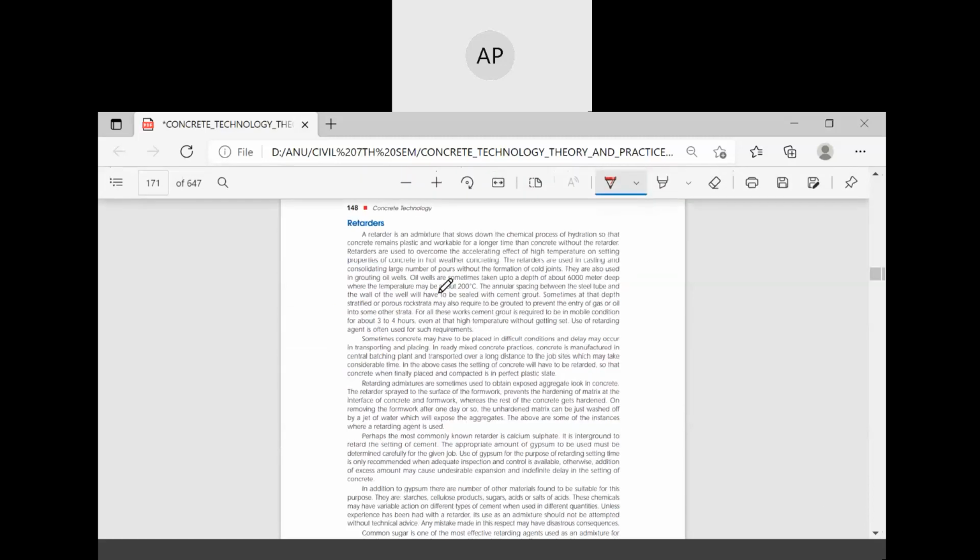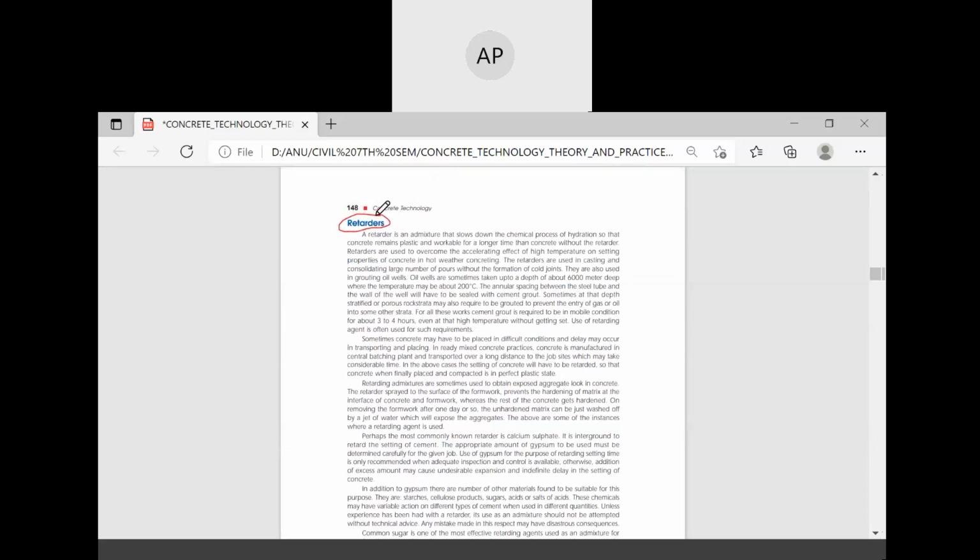Next, retarders. What does retarder mean? A retarder is an admixture that slows down the chemical process of hydration so that concrete remains plastic and workable for a longer time than concrete without retarder. Have you understood?